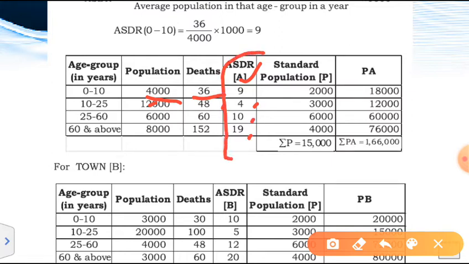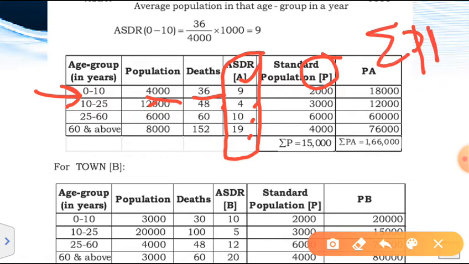So this is the first step: if I have to go for the standard death rate, then we need the ASDR first, which is our ASDR of A, and this is what we have seen in the formula, P into A divided by summation P. The standard population is also given in each age group, so we have these as the values of P. What we have seen in the formula is that we have to take summation of PA divided by summation of P. In place of deaths we are saying summation of PA.